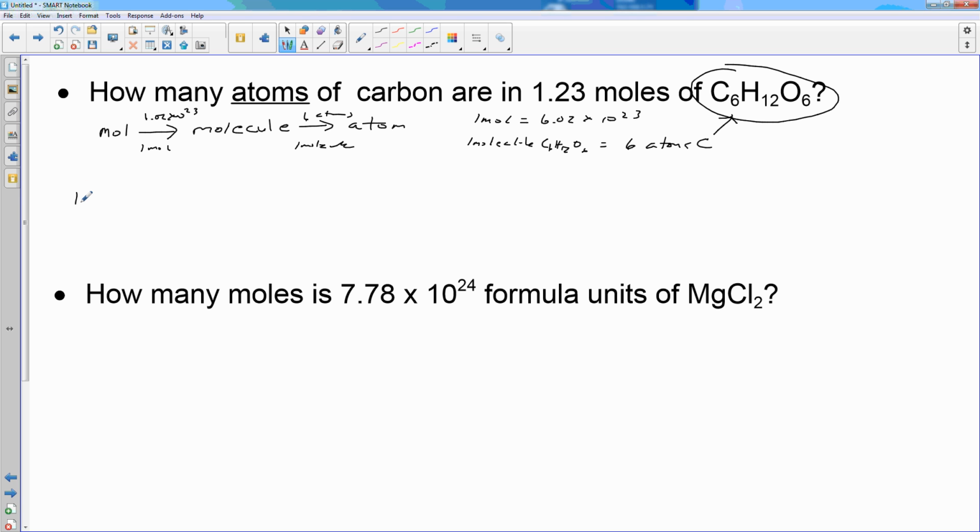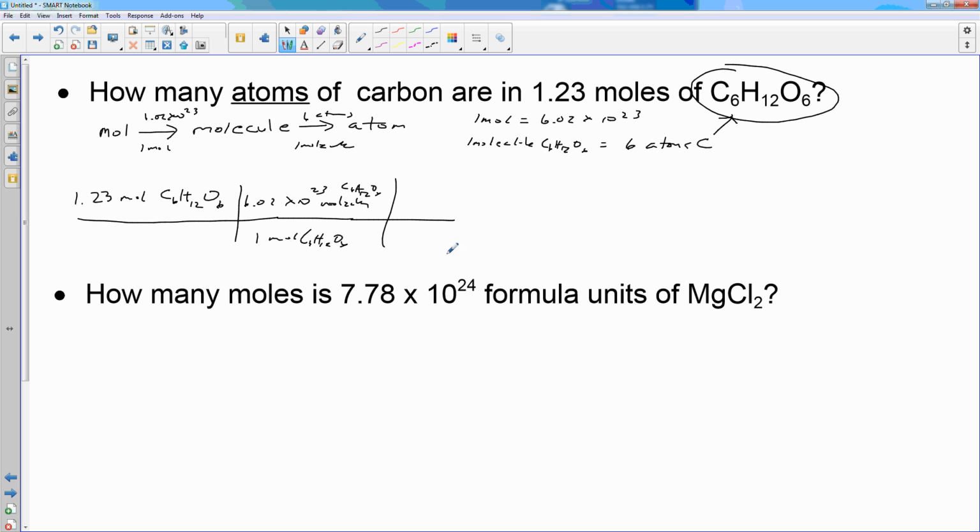So we start with the number that's given, 1.23 moles of C6H12O6. We know that 1 mole of this C6H12O6 is equal to 6.02 times 10 to the 23rd molecules of C6H12O6.